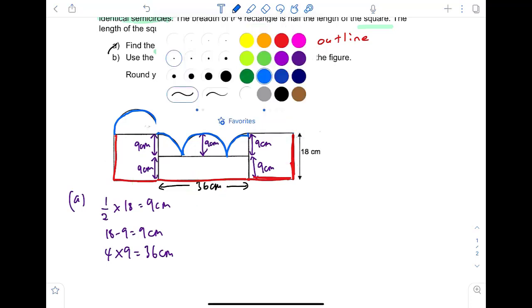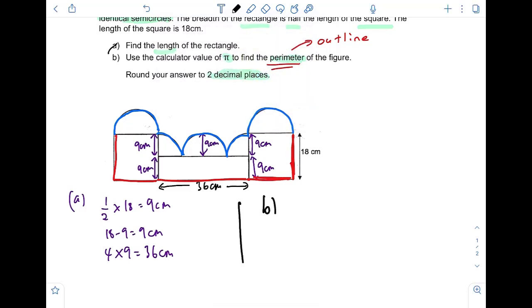We can write that part first. 18 times 4 plus 36. That is all the red lines, which are the straight ones. Then you add this to 36. That is 108 centimeters.